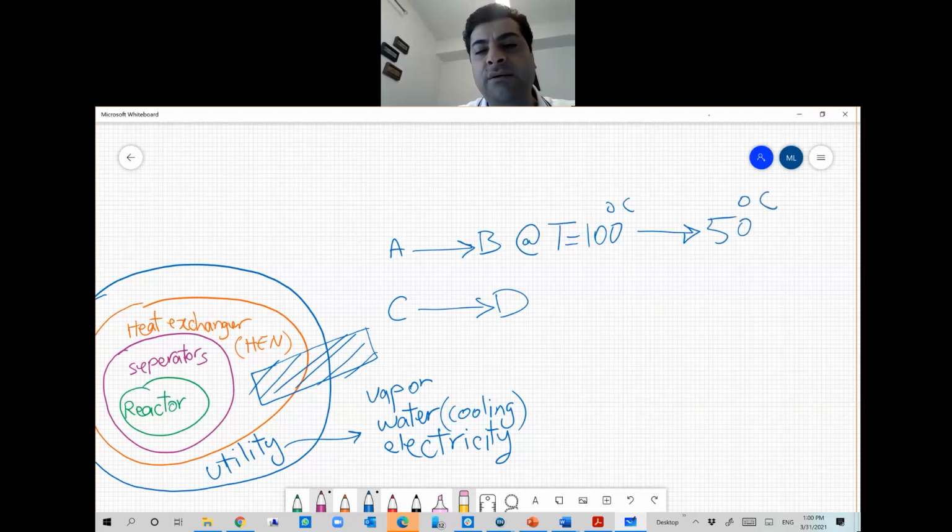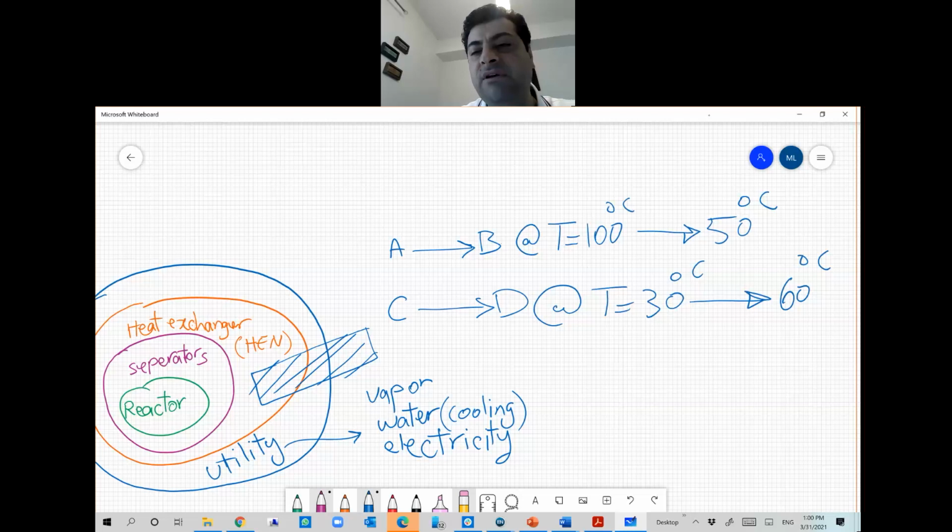But stream D, for example, after the reaction is at a temperature of, let's say, 30 Celsius, but is going to be heated to reach 60 Celsius.